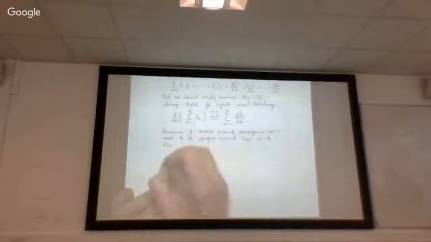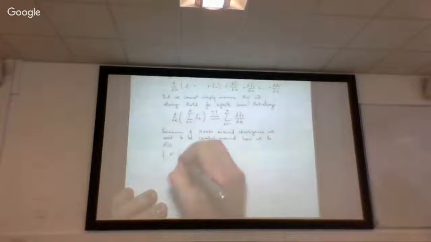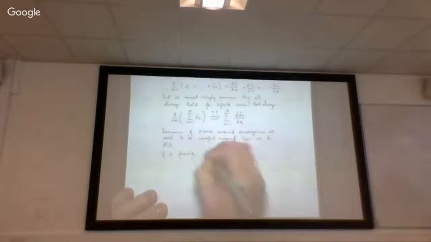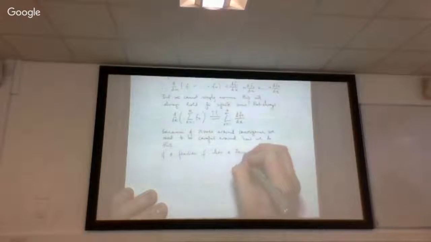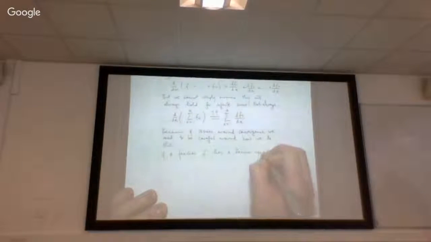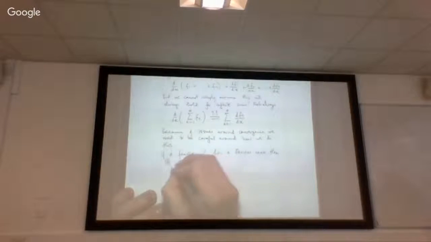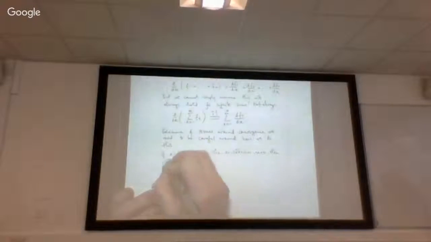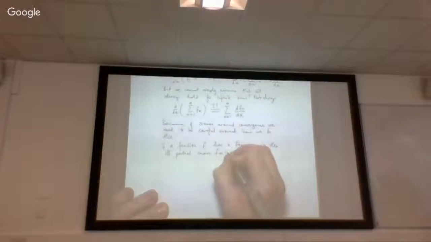So if a function f has a Fourier series, then its partial sums, the partial sums of the Fourier series, which are, let's write them as fm of x.